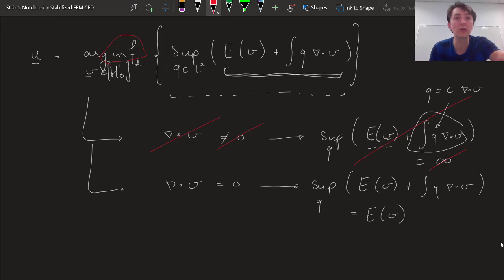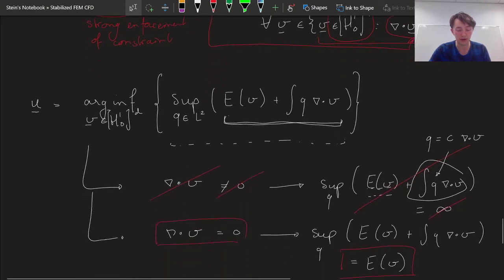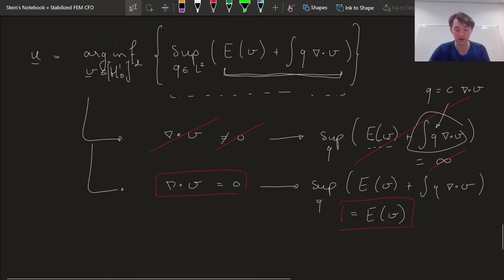So naturally, from that addition of the supremum, we are forced to only consider functions that are divergence-free. And for these functions, I simply retrieve the argument of the infimum of E of v. That was precisely the original statement, that we're looking for the argument of an infimum over divergence-free functions of E of v.